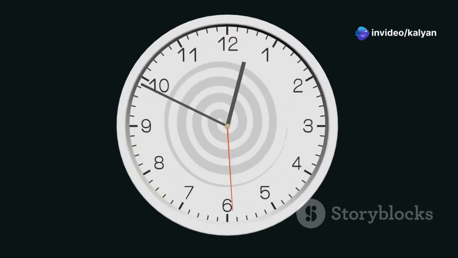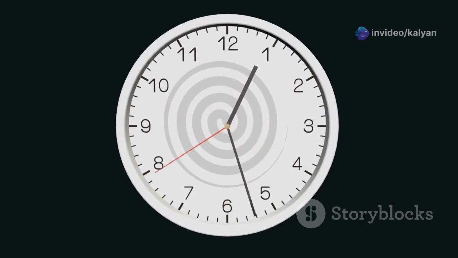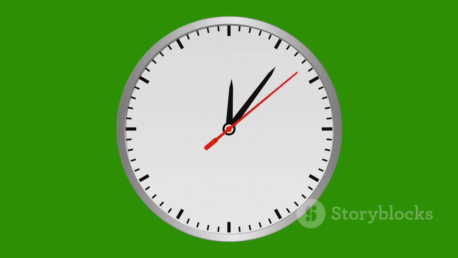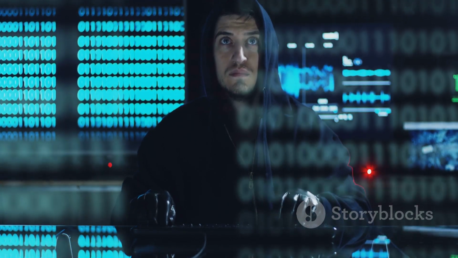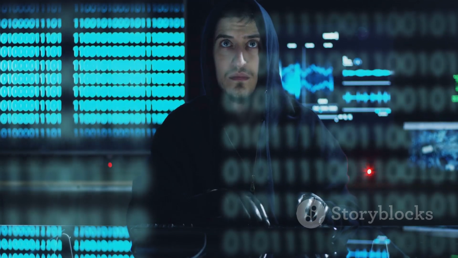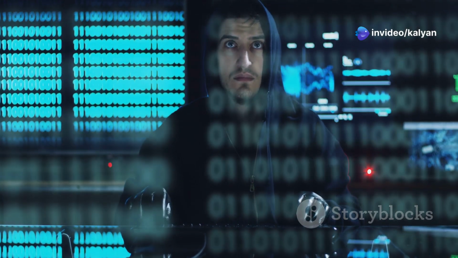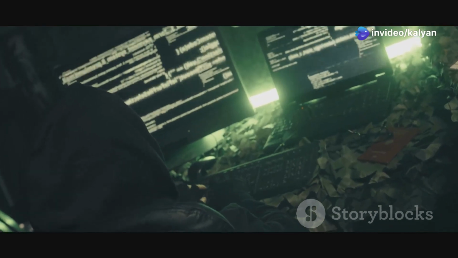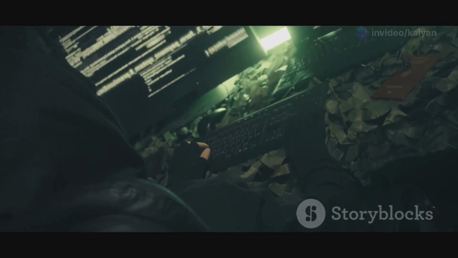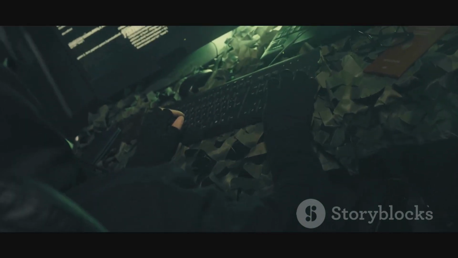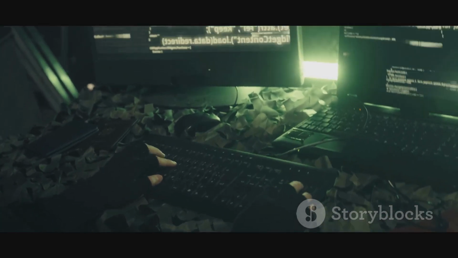For instance, if the first character of a password is A, the database might pause for 1 second. If it's B, 2 seconds, and so on. By carefully measuring these response times, the attacker can piece together information character by character, like a hacker version of Morse code. It's a slow and methodical process, but it allows them to extract data without relying on visible error messages or changes in the application's behavior.